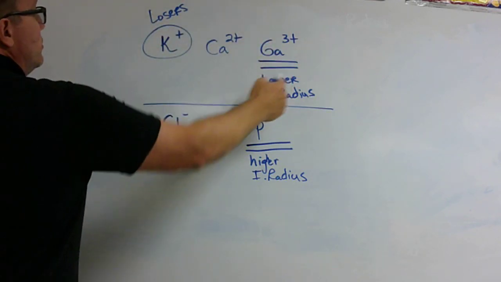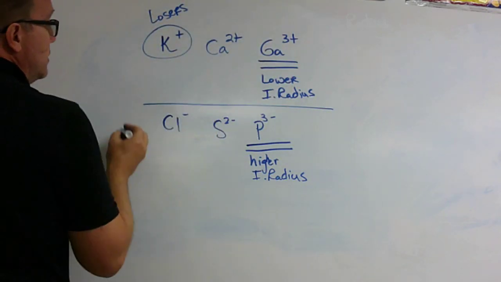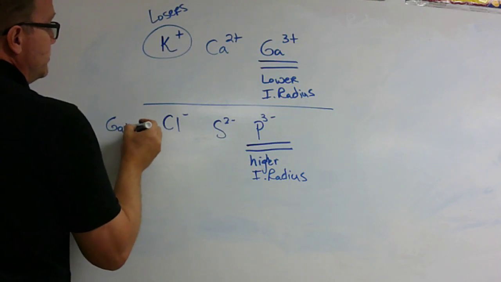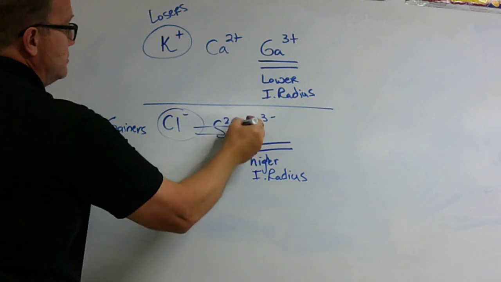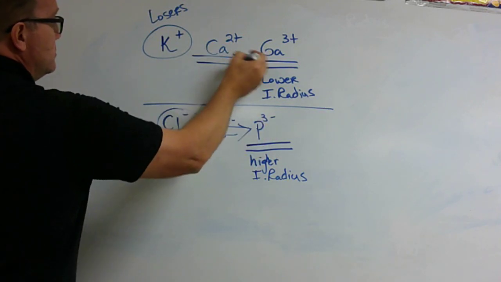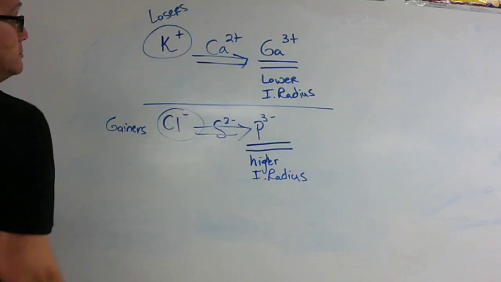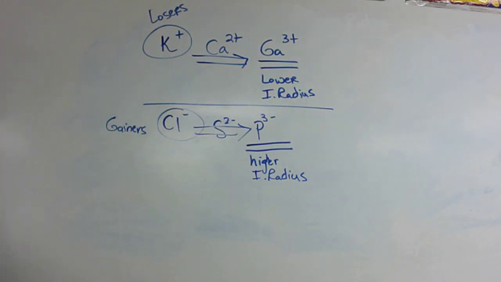So the more you lose, the lower it's going to get. These ones are my gainers. The more you gain, the higher you get. Hopefully that clears up anything on ionic radius.